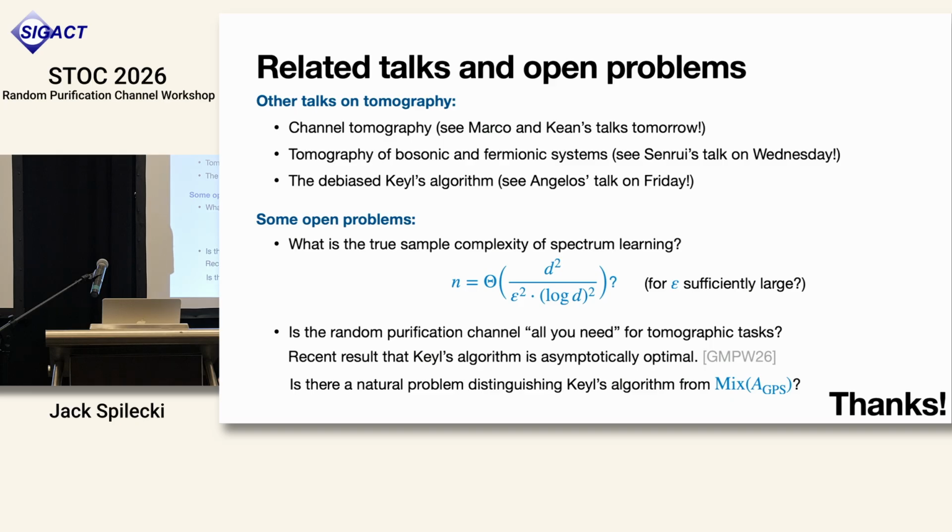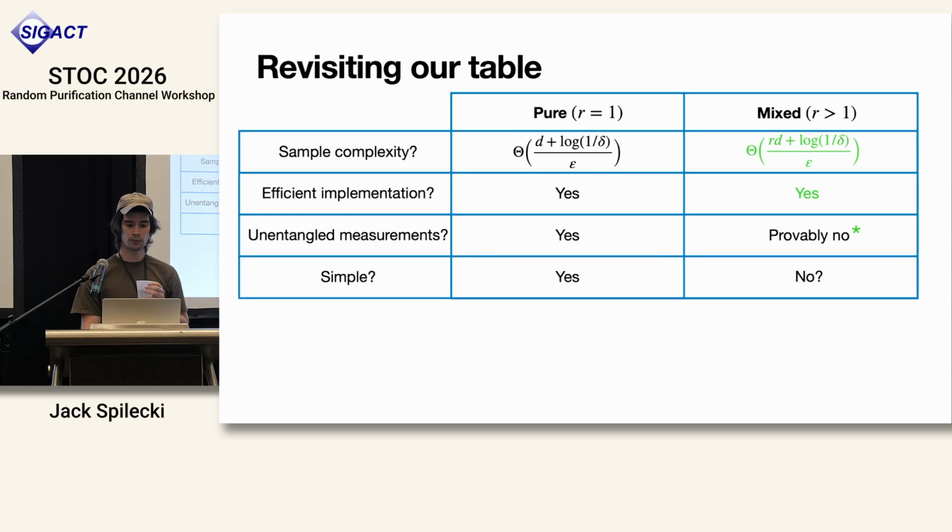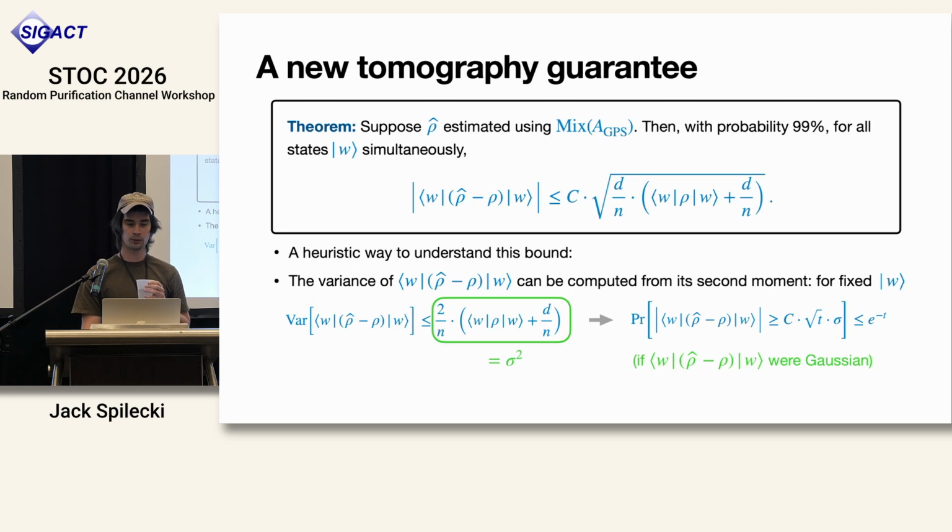Your new guarantee for tomography looked like something one could also get from a relative error bound in Löwner order. Have you thought about something like this? Is it something that... Oh, sorry, I missed it. A relative error in PSD order, say rho hat minus rho is less than something as a matrix in the matrix order? I don't think we have a... Oh, sorry.